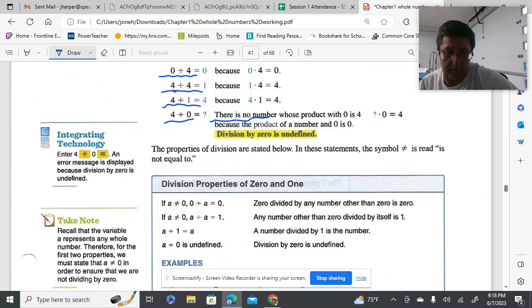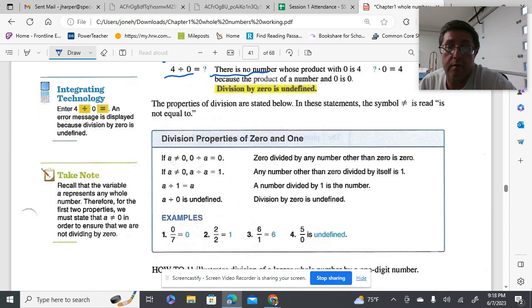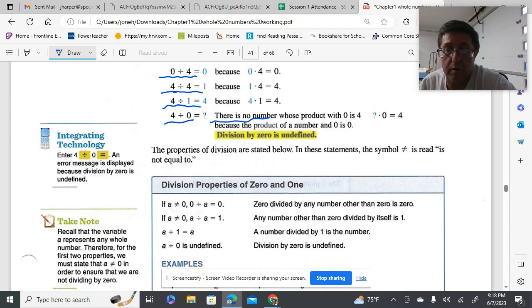And your calculator, make sure I'm not lying, if you push 4 divided by 0, your calculator says error. Why? Because you can't divide something up into no pieces. So, just to let you know, don't struggle. If you come across 1 million and you want to divide it up into 0 pieces, just write undefined.